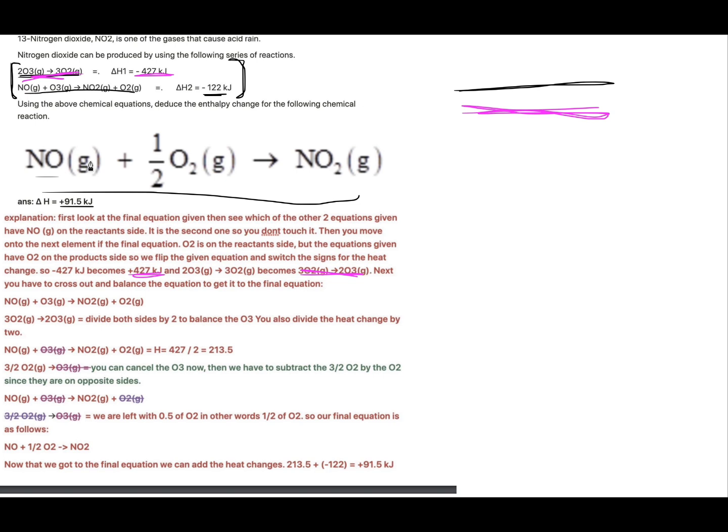It's the exact same, so we can just cross it out and we put NO. Next, we have to think of the oxygen, and since we got 3O2 and we only need half O2, we look at any other equation that has oxygen gas. We have one right here, which is just 1. But if we do 3 minus 1, we get 2 and not half of O2.